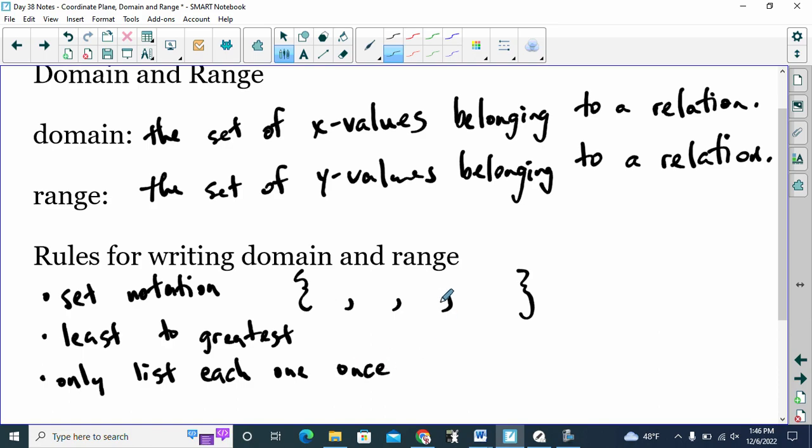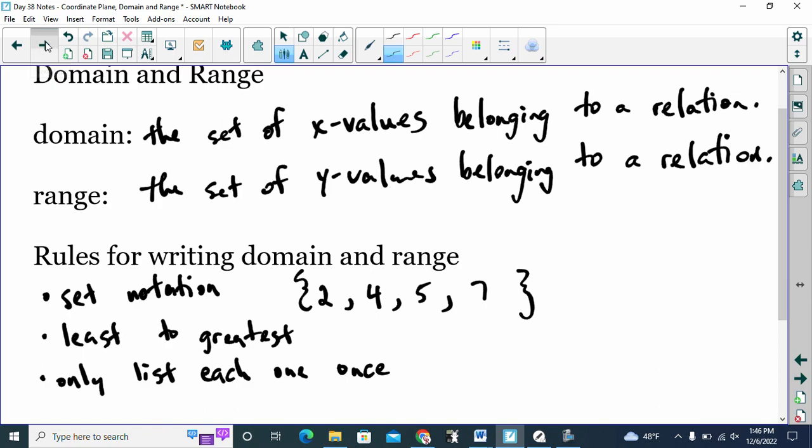So if x equals 2 is part of our domain, we put 2 in there, but we don't put 2, 2, 2, 2 if there's a bunch of 2's. We only put it in there once to show that it's part of the domain. So your domain might wind up looking something like this. The set 2, 4, 5, 7. We write them from least to greatest, and we only list each once.